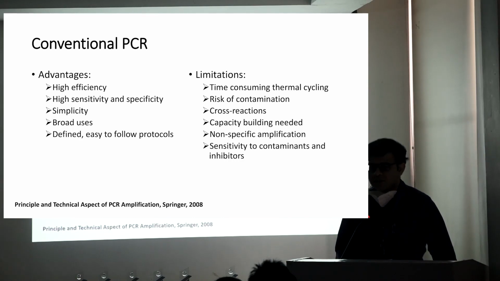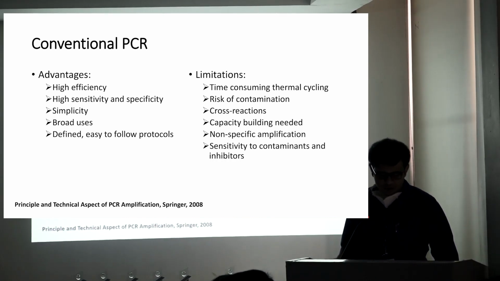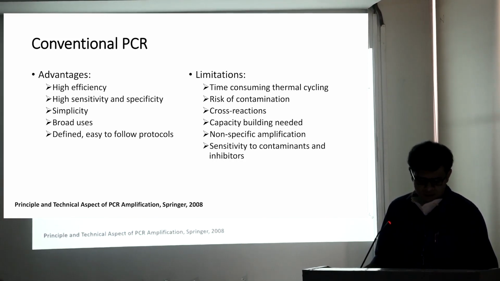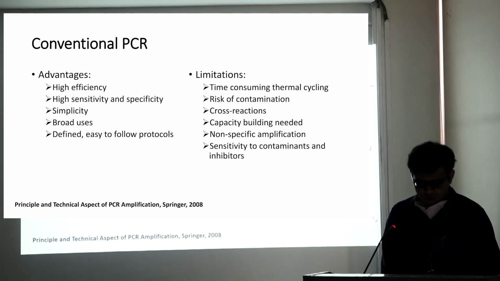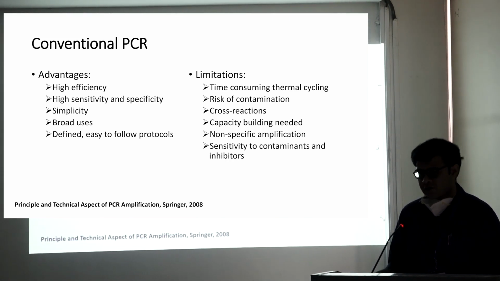Regarding the conventional PCR, you are ordering PCR many of the times, mainly the multiplex PCR, BioFire, you're writing the lower respiratory BioFire, upper respiratory BioFire, CSF BioFire and all. This is the conventional PCR, it is very efficient, very sensitive and specific, and it has broad usage. Now limitations include that there is chance of cross contamination, cross reactions, and sensitivity to contaminants and inhibitors.